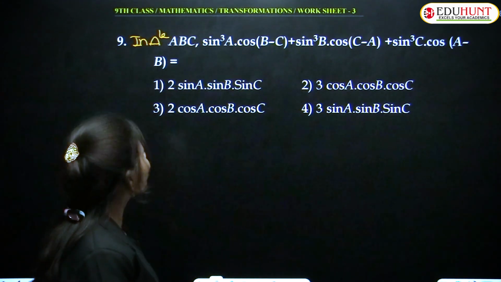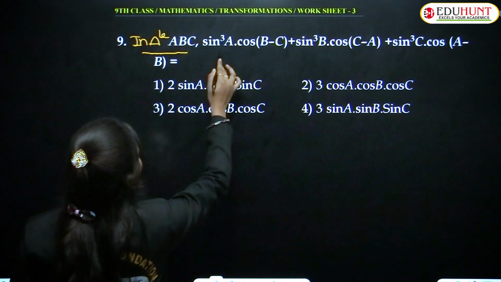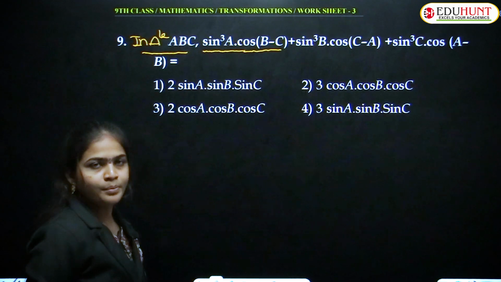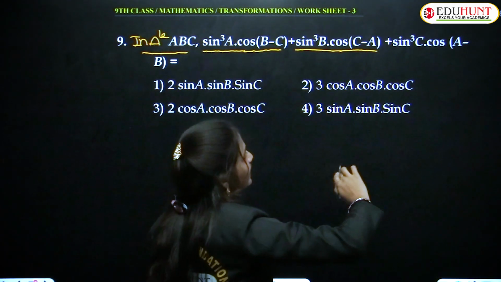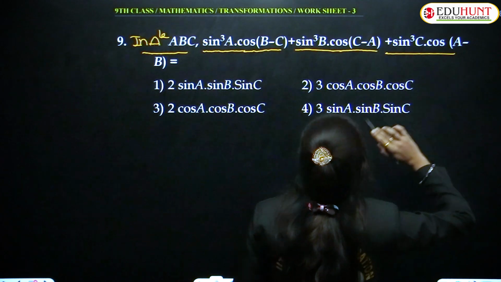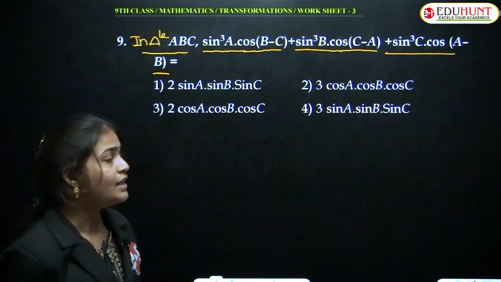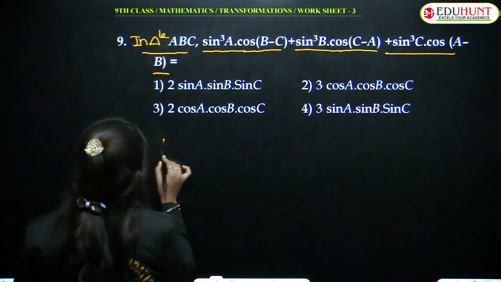In a triangle ABC, sin cube A into cos of B minus C plus sin cube B into cos of C minus A plus sin cube C into cos of A minus B. So this value they are asking. First, what is given?